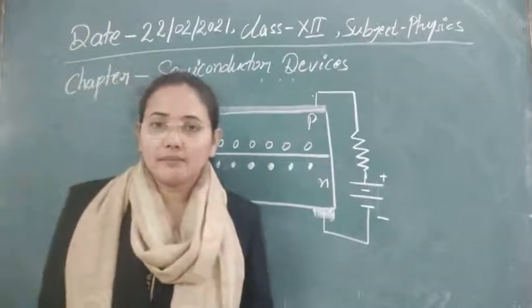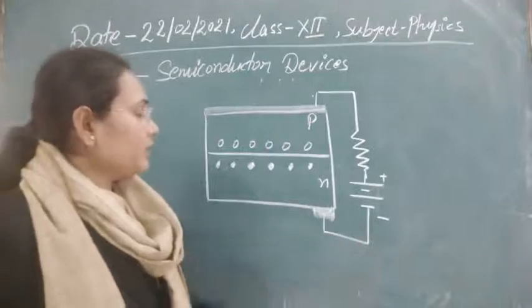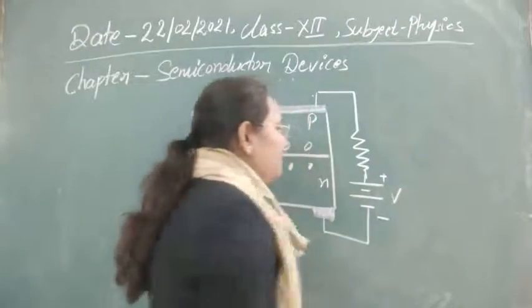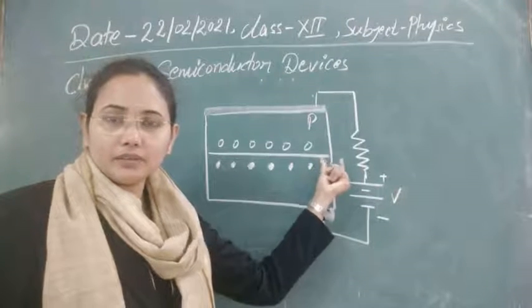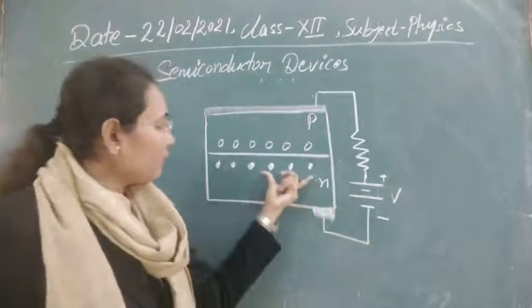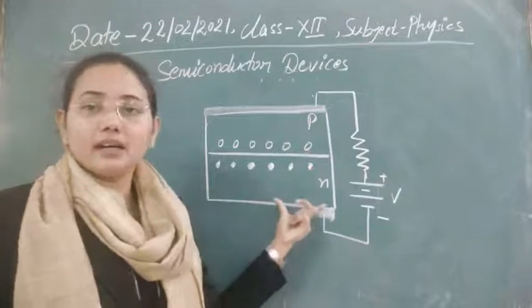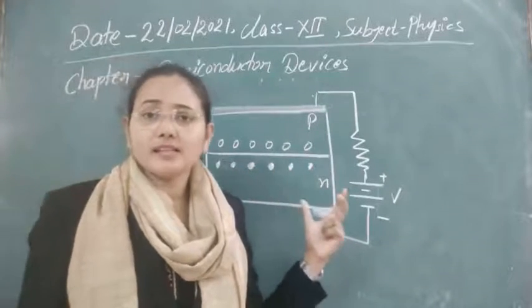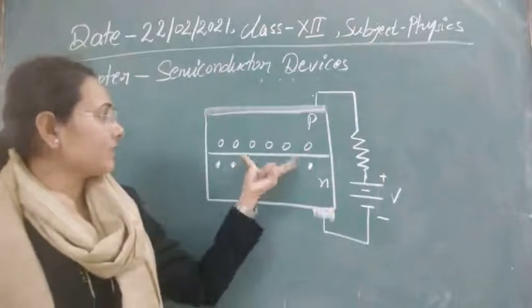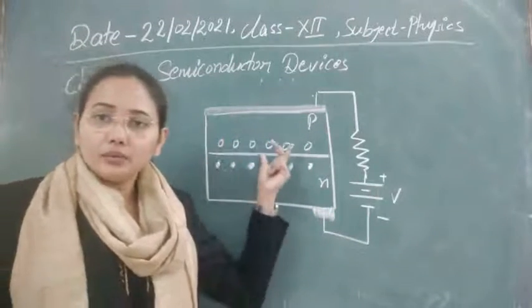Now when we start to increase this potential, with the increase in potential, this is the junction between the p and n type material. The electrons will get greater energy, and in the case of forward biasing, they start moving to the junction.